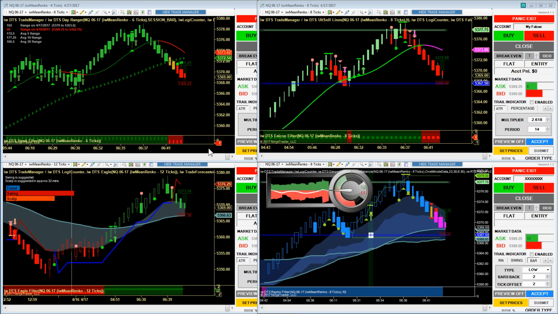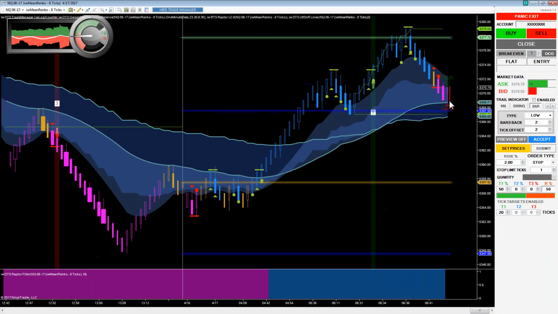Well, I did not expect a full retrace to the hard edge, both here in the Eagle and the Raptor of our trading band. But now that we're here, we may well see a hard edge bounce.